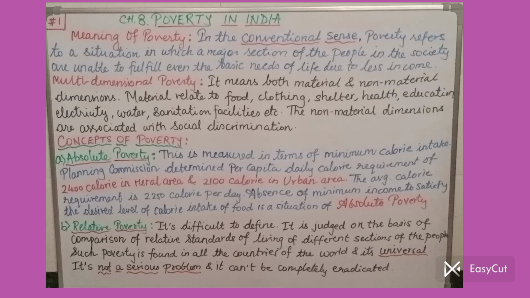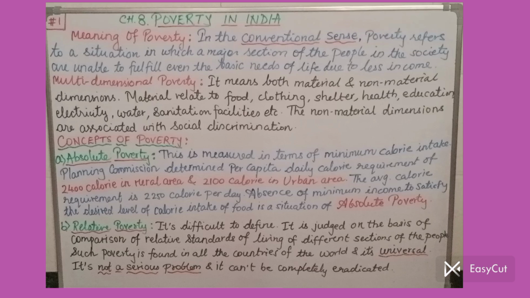Here we consider the concepts of poverty in two major classifications. One is absolute poverty, that means actual poverty, and the other is relative poverty, that means comparative poverty. Now what is absolute poverty? It is measured in terms of minimum calorie intake.